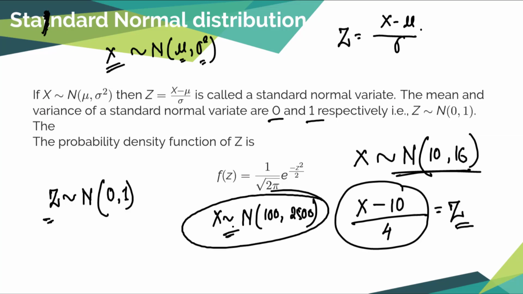So no matter the actual distribution of x, the transformed z or g will always follow normal distribution with mean 0 and variance 1. So this standardized our calculation, right? So that's the advantage of standard normal distribution, in calculation.